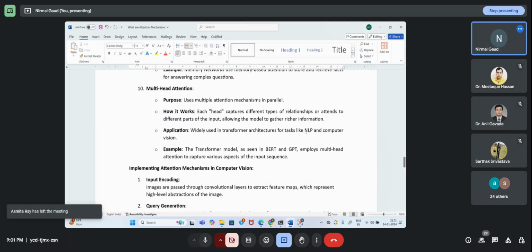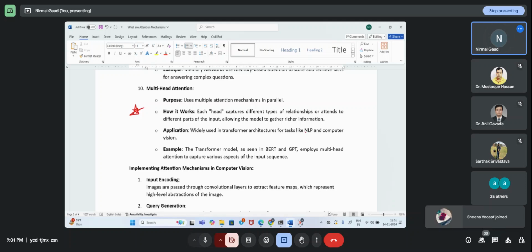Multi head, again important. This is what I have used in my algorithms. Multi head attention. Multi head means not a single attention. We are using multiple attentions, and they all work in parallel. That is why we call it multi head attention.